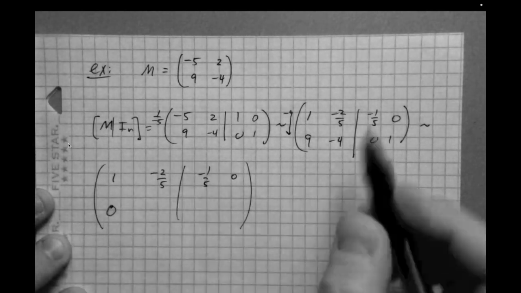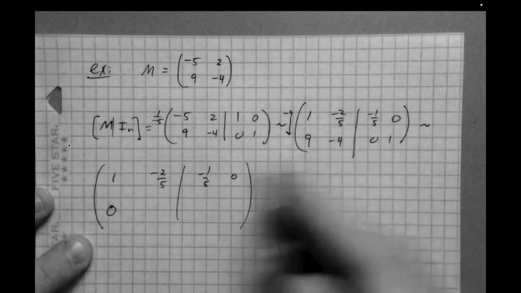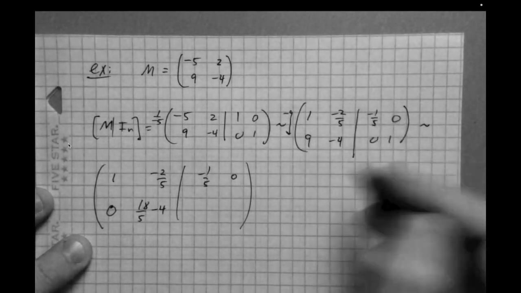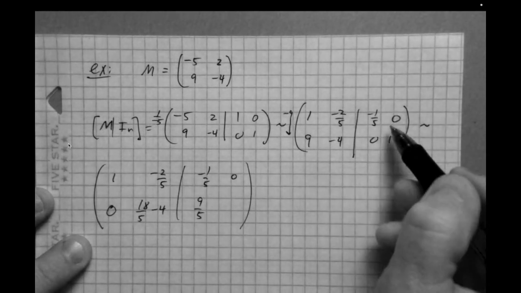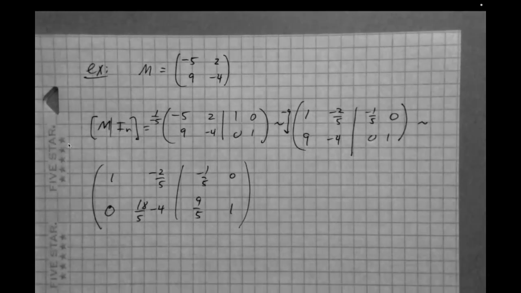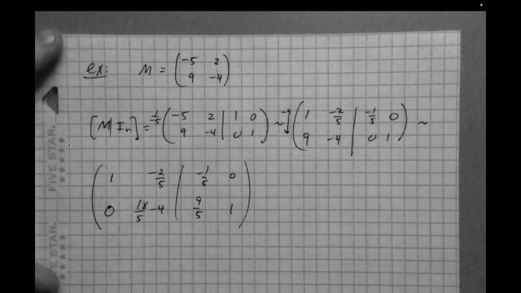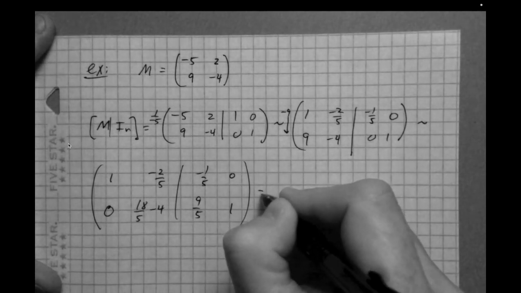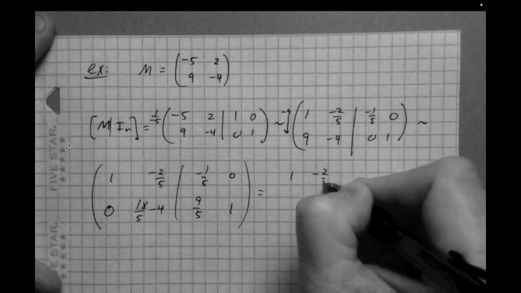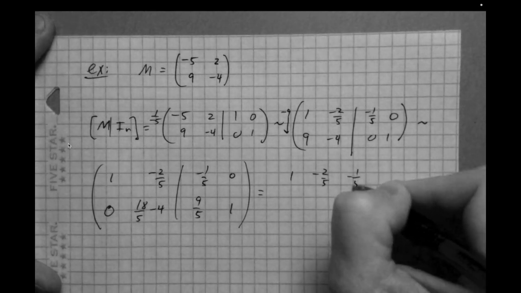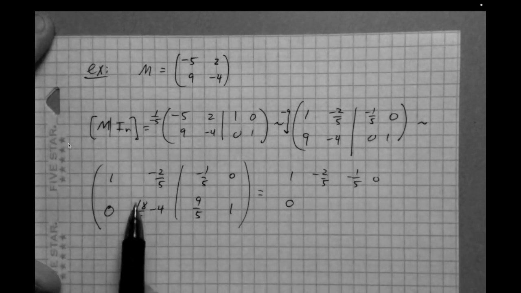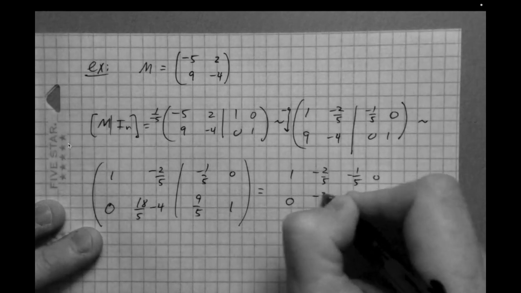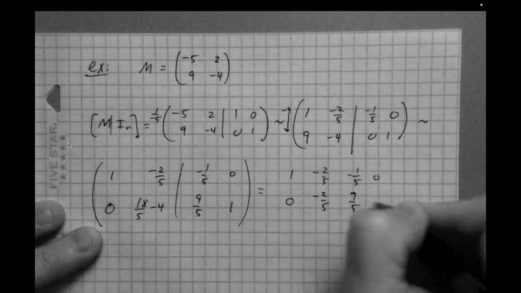And then I'm going to get a 0 here, and then this is going to be 18/5 minus 4. And then this will be 9/5, and then that will be 1. So what is 18/5 minus 4? That's going to be 18 minus 20. So I'm going to rewrite this. 1, -2/5, -1/5, 0, and then 0, and then 18/5 minus 20/5 is -2/5. The 9/5, and the 1.